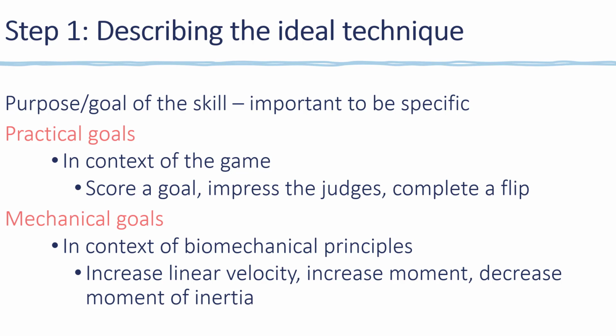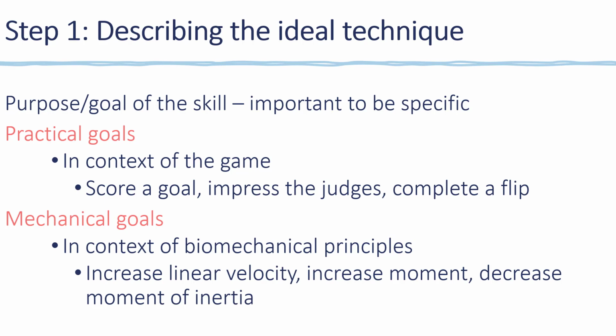There are 2 types of goals or purposes. The first is a practical goal, and the second is a mechanical goal. A practical goal is specific to the context of the game, for example, scoring a goal, impressing the judges, or completing a flip. A mechanical goal is related to the biomechanical principles.